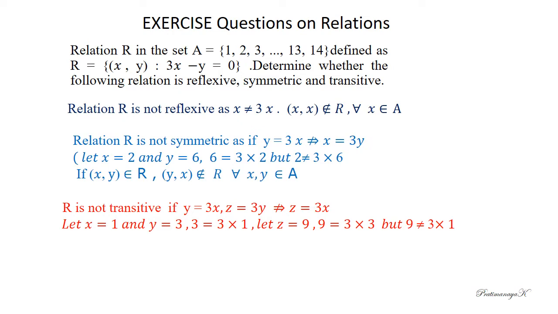But 9 is not equal to 3 times 1. So, (x, y) belongs to R, (y, z) belongs to R, but (x, z) does not belong to R. So, the relation is neither reflexive nor symmetric nor transitive.